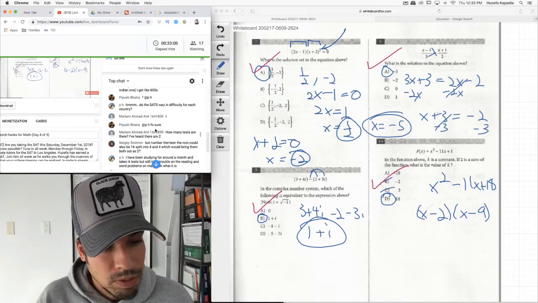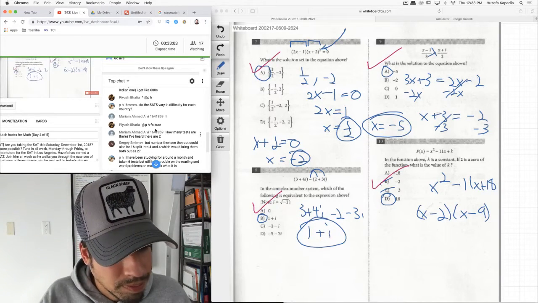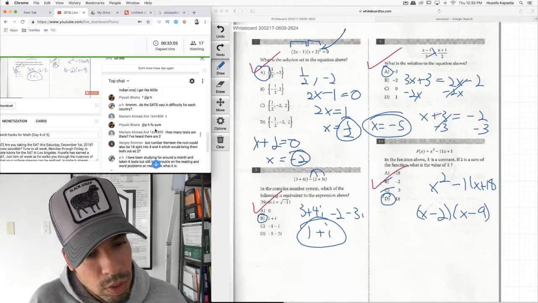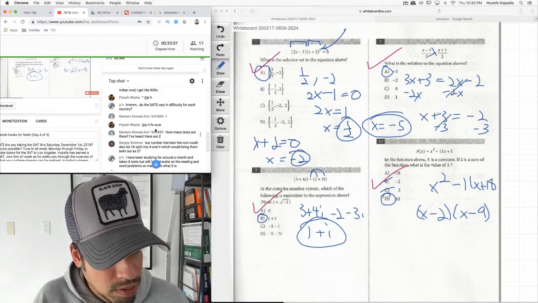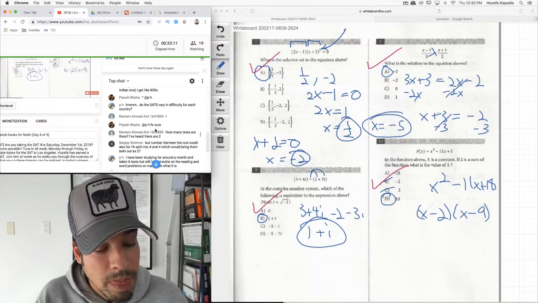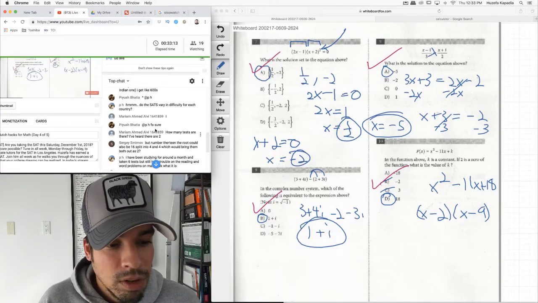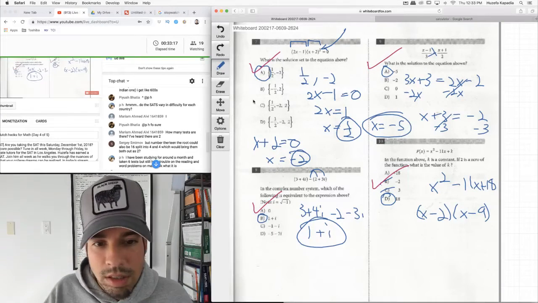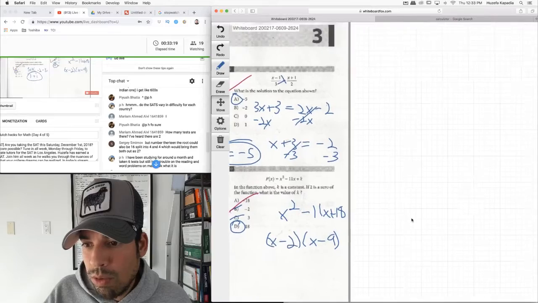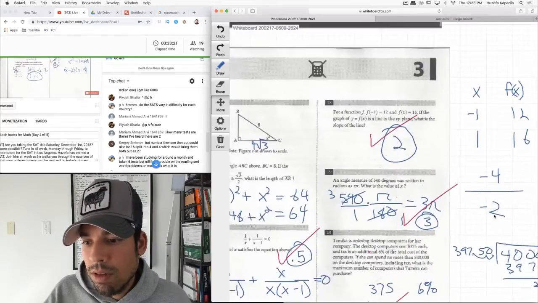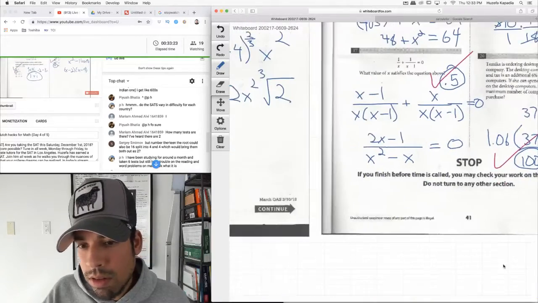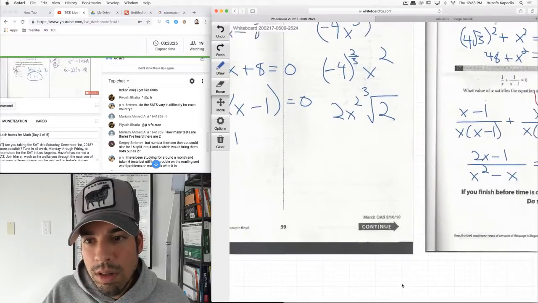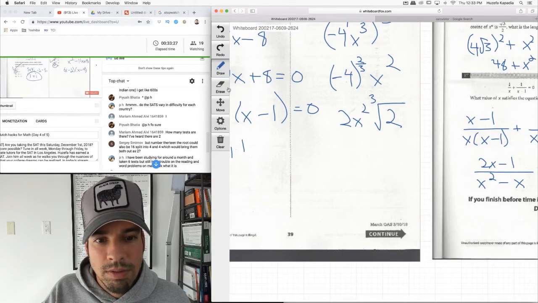Okay. Number 4, 13. The root could be split into 4 and 4, which would bring them both out as 2. No, Sergey, for number 13, it would not bring them out as 2 because we're not talking about a square root. Hold on, let me show you. We're talking about a cube root. It's a very important distinction.